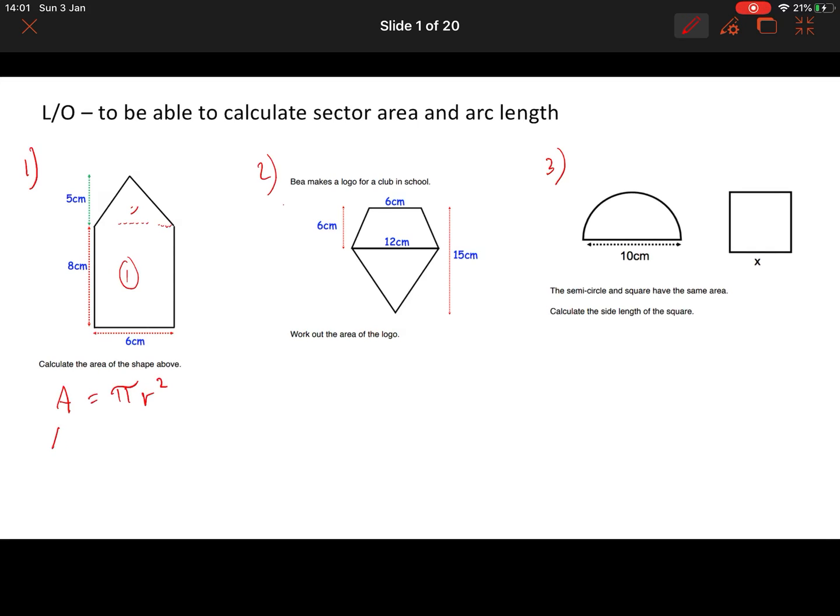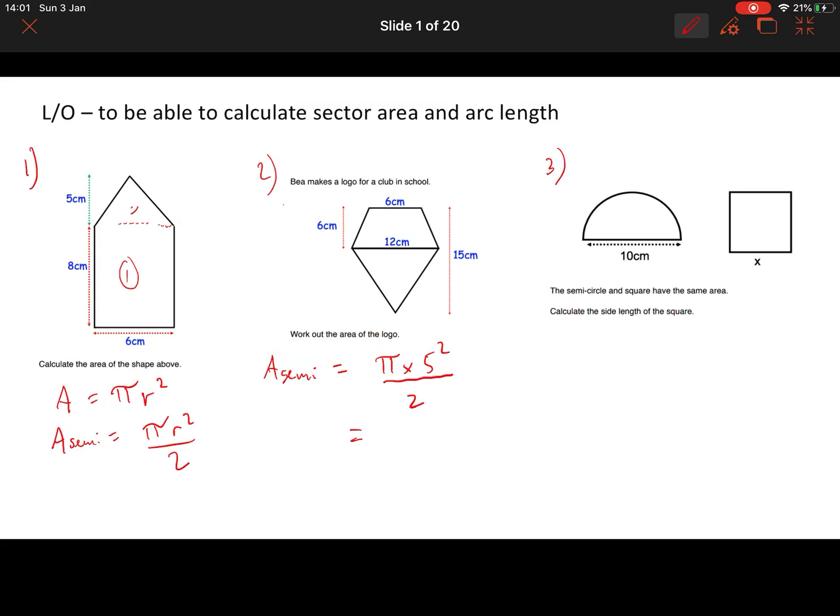So the area of a semicircle must be pi r squared over 2. Well, what is the radius for this particular circle? It's 5. It's not 10, the diameter is 10, the radius is 5. So it's going to be pi times 5 squared divided by 2.